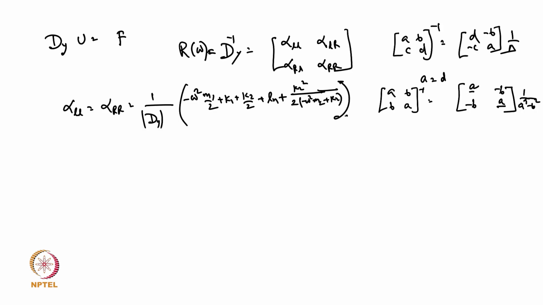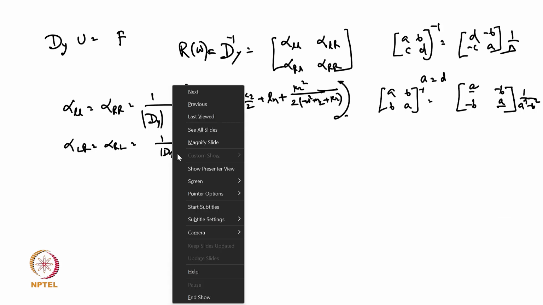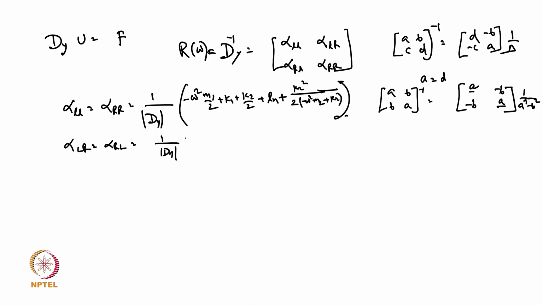That is coming in my alpha LL. And alpha LR equals alpha RL, which we can also get. Determinant of dy, that is k1 plus k2, k1 plus ln, we can get as alpha d. So these two terms we can get easily.